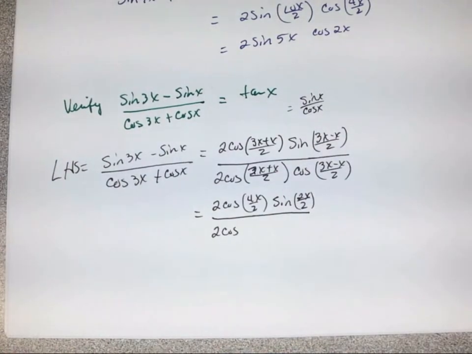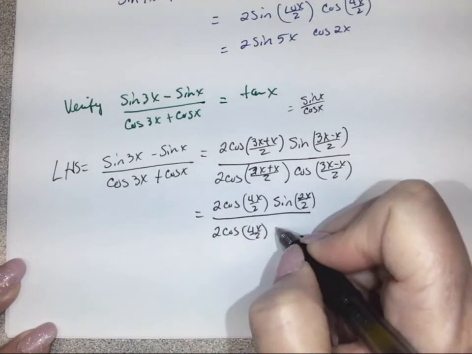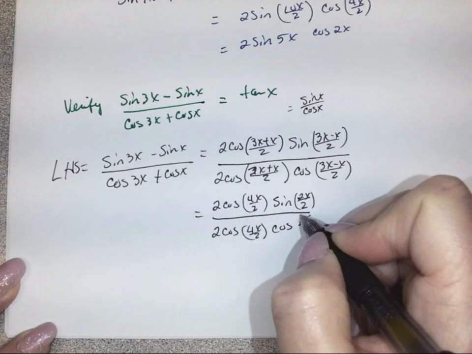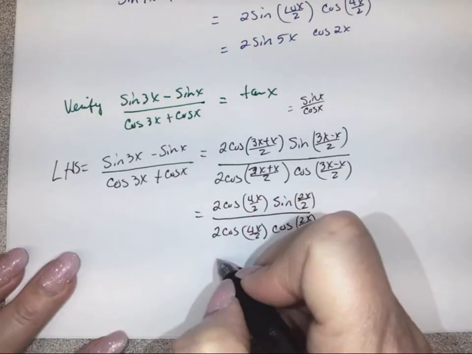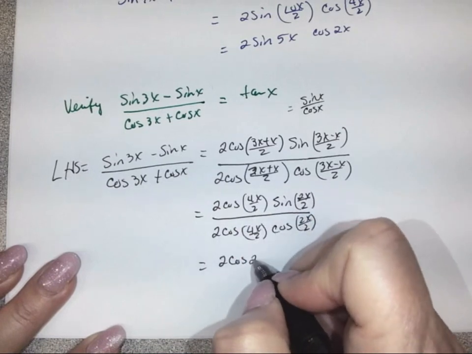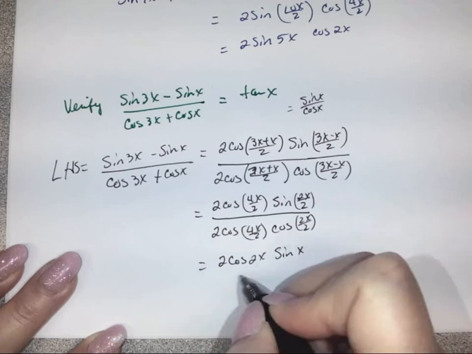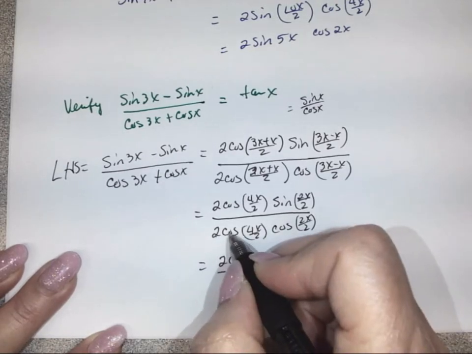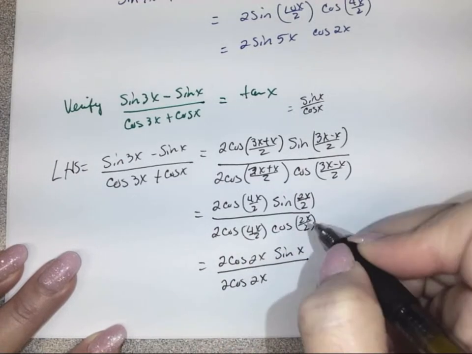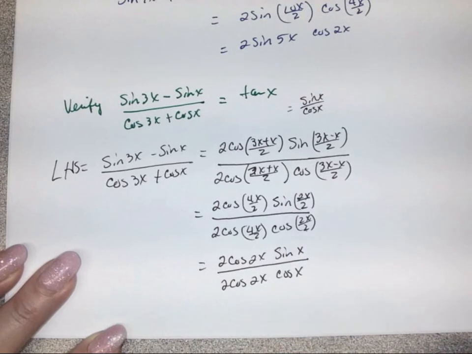So 3x plus x will get us 4x over 2. And then this will be the cosine. 3x minus x is 2x over 2. So this gets us 2 times our cosine. 4x divided by 2 will be 2x. Sine of 2x divided by 2 is x. 2 times our cosine. 4x divided by 2 is 2x, and cosine of 2x over 2 is cosine of x.